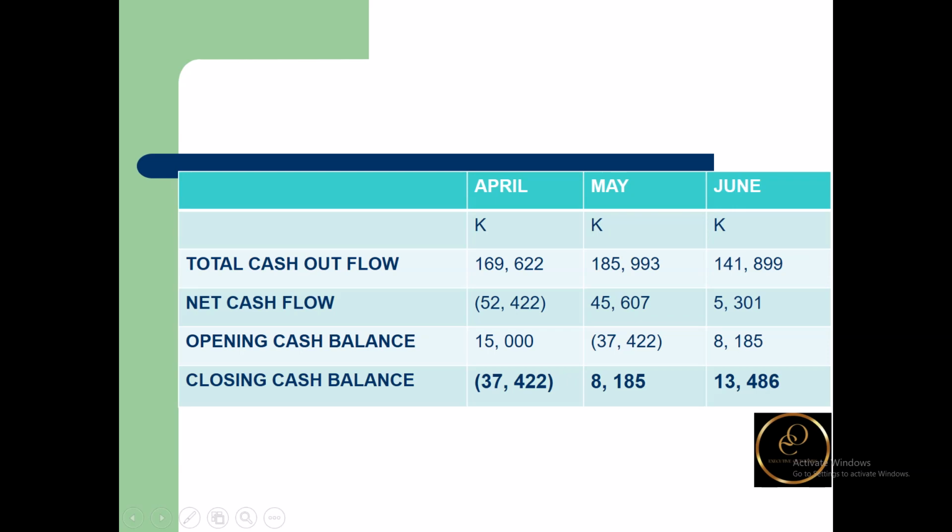Under cash outflow, we find that in April, the total cash outflow will come to 169,622. Under May, 185,993. And in June, 141,899. The next row is the net cash flow, which is simply the difference between cash inflow and cash outflow.